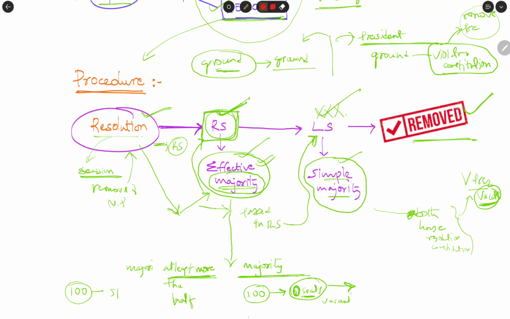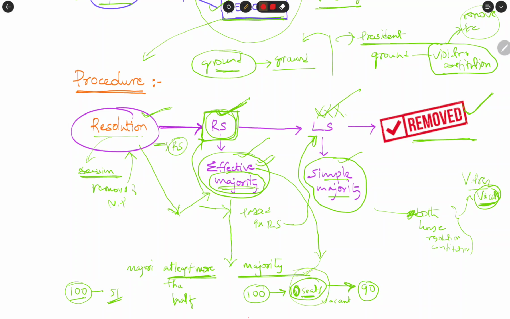Then they calculate the majority by taking 90 as the house strength. Here 100 is the usual calculation of the majority. But in the case of effective majority, they eliminate the vacant seats if there are any in the house.